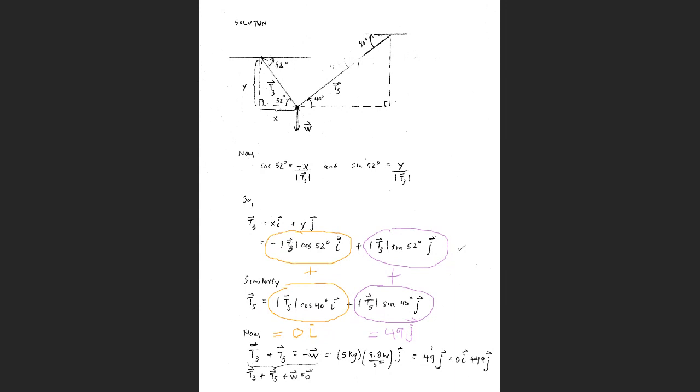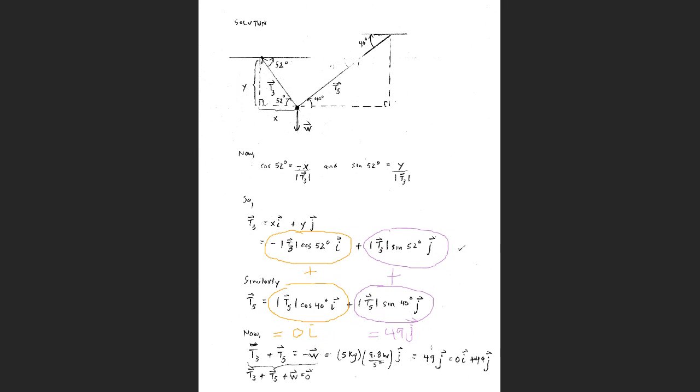Okay? Does that make decent sense? So we need to solve for two variables, the magnitude of tension 3 and the magnitude of tension 5.